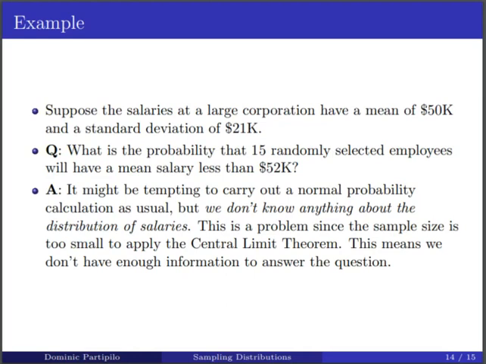Now, the problem with this is that it might be tempting to carry out a normal probability calculation as usual, but we don't know anything about the distribution of the salaries. So since we don't know this is a normal distribution, we can't carry out this calculation. And since the sample size is less than 30, we can't even apply the central limit theorem here. So this actually means that we don't have enough information to answer this question.